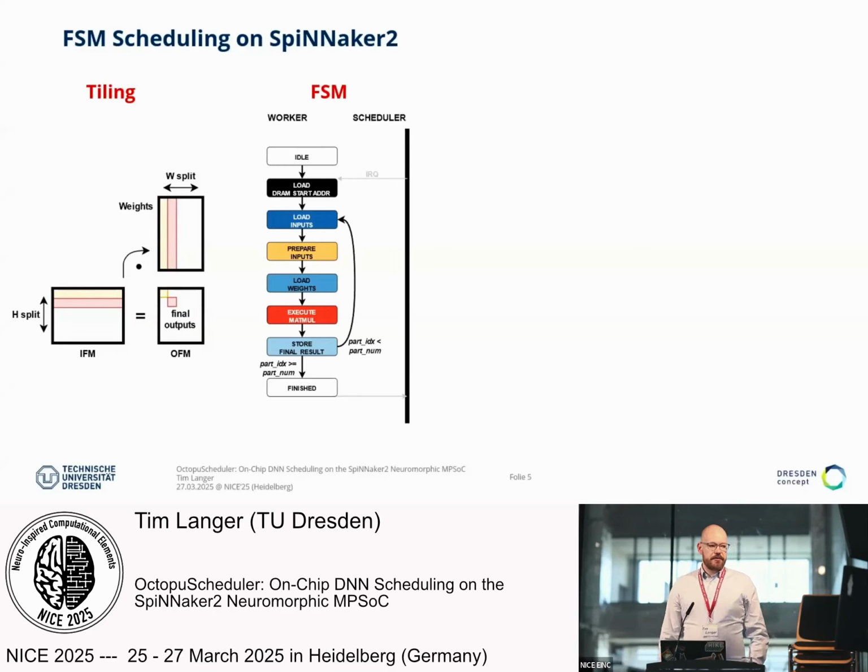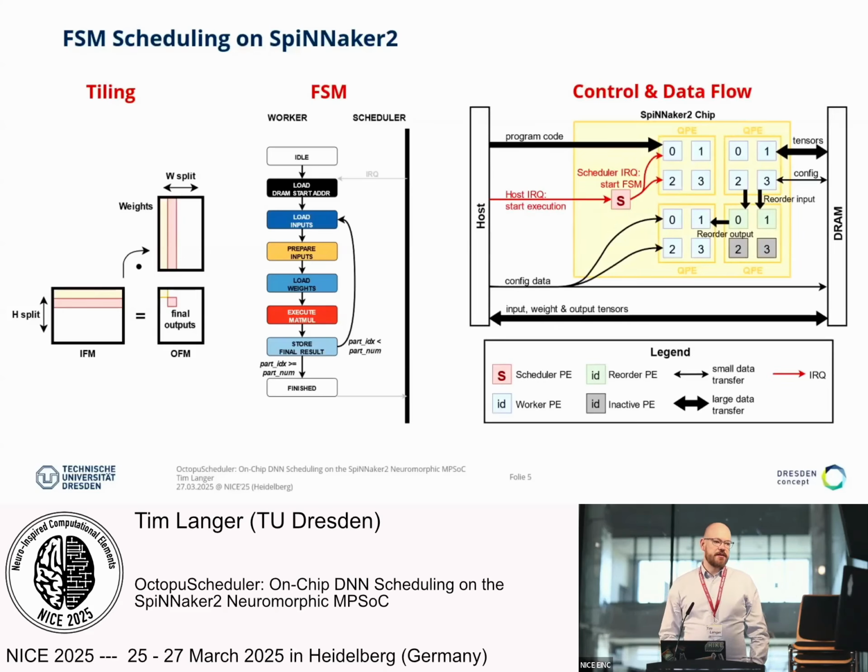What we do then is we define certain states that these operations need. For example, you need to load first some start addresses where the operands actually are in the DRAM. You need to load inputs, some preparation maybe. You need to load the weights, then you can run your operation, and you need to store back the result. So it's entirely this whole layer happening as a closed implementation here.